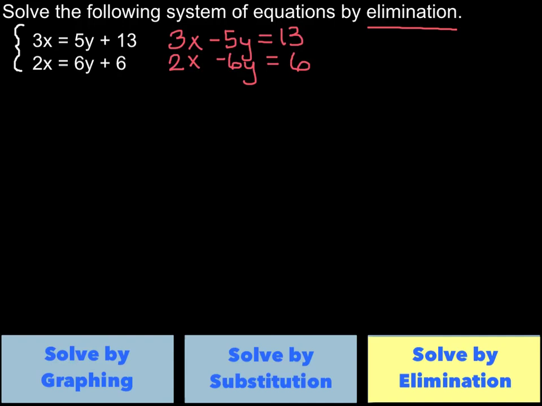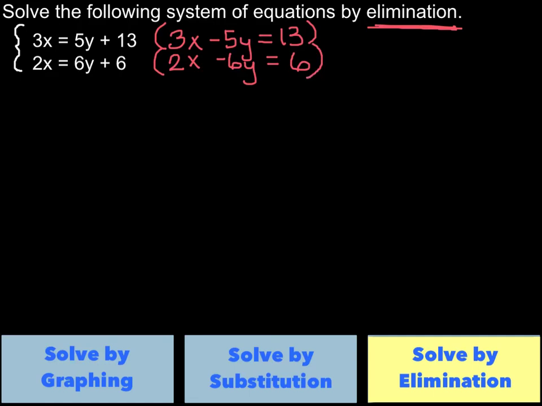And here's the trick. First I need to pick a letter I want to get rid of. It doesn't matter which one you pick. I'm going to pick x. I want to eliminate, so remember it's elimination, I'm going to eliminate my x's. Again, what I'm going to end up doing is multiplying both of them by something.